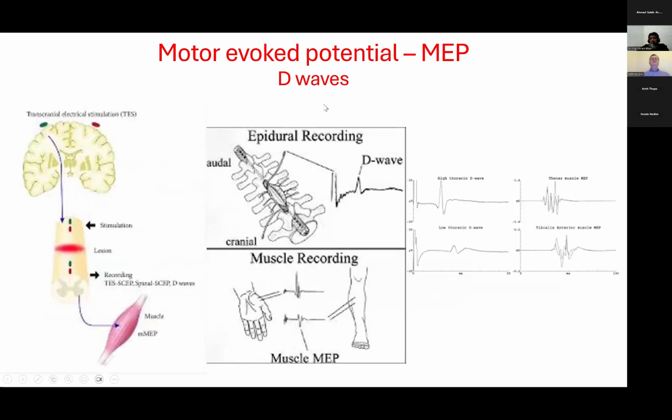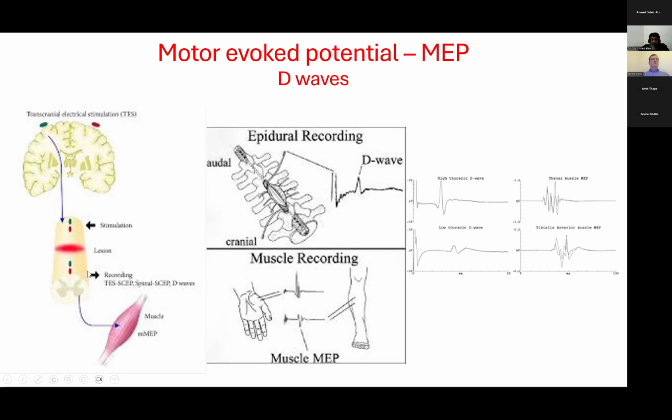There is another one, so-called D waves. You stimulate again the motor cortex in the brain by electric stimulation, but you pick up the potentials from epidural, then so-called D wave.